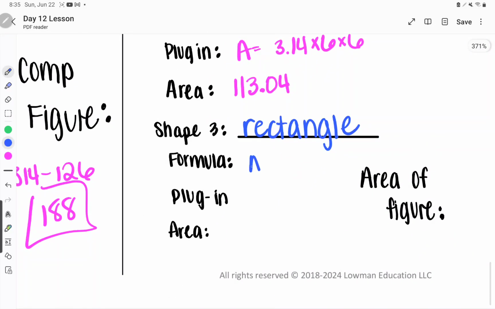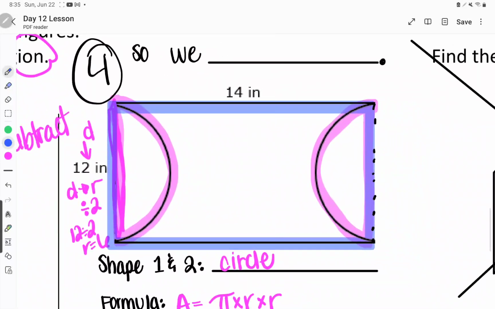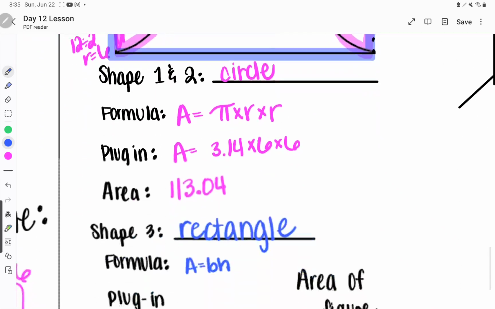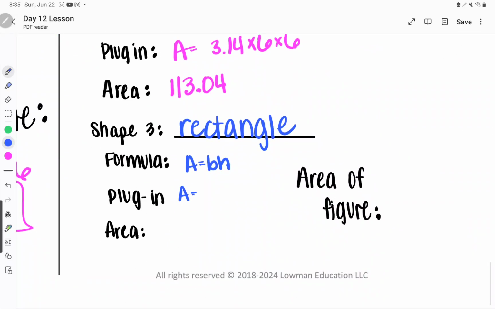For our rectangle, we have an area of base times height. So taking a look at your rectangle, what's your base? Our base is 14. What's your height? The height is 12. So we would do 14 times 12. And that would give us 168.